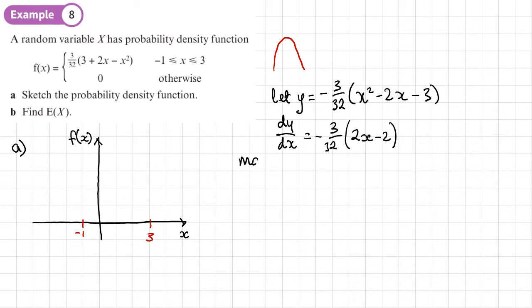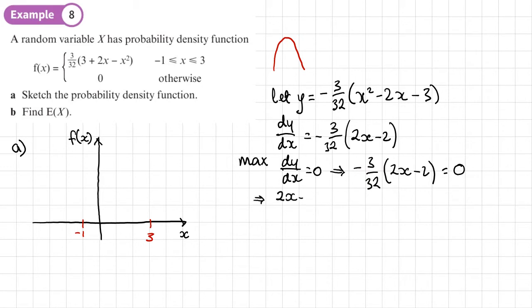There's going to be a maximum or minimum or a turning point when dy dx equals 0. So that's when -3 over 32 times 2x minus 2 equals 0. We can divide both sides by -3 over 32. That leaves 2x minus 2 equals 0, which means 2x equals 2, which means x equals 1.